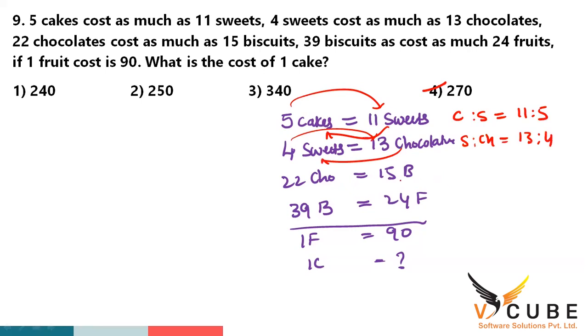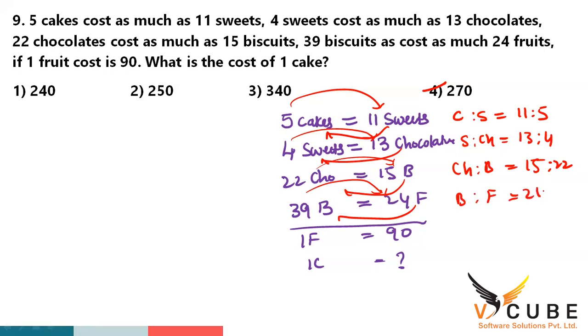Next, same like this, biscuits below, 22 above, chocolates is to biscuits is equal to 15 is to 22. Fruits below, 39 above, biscuits is to fruits is equal to 24 is to 39.